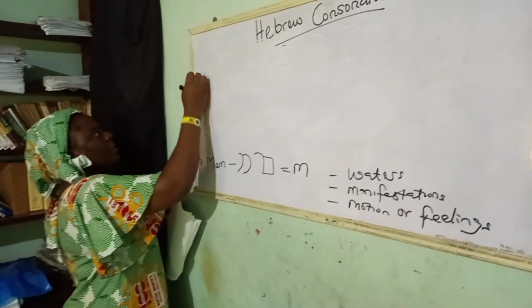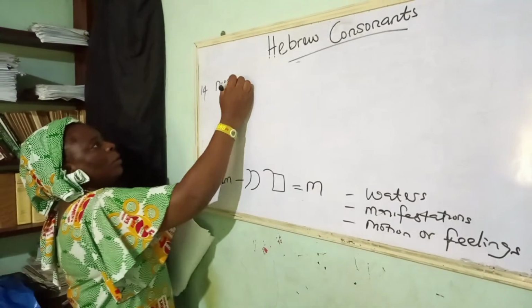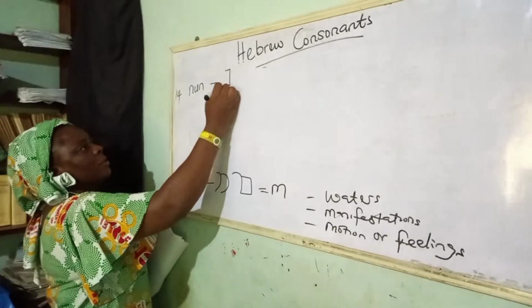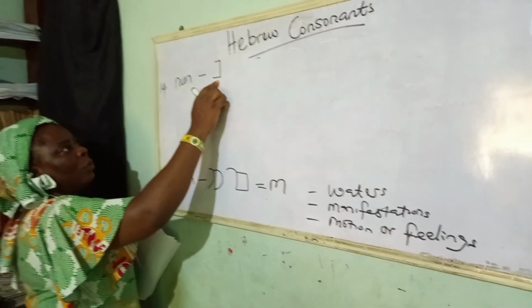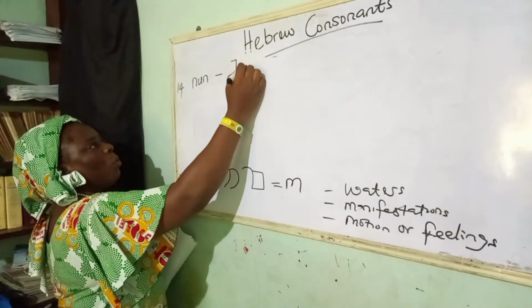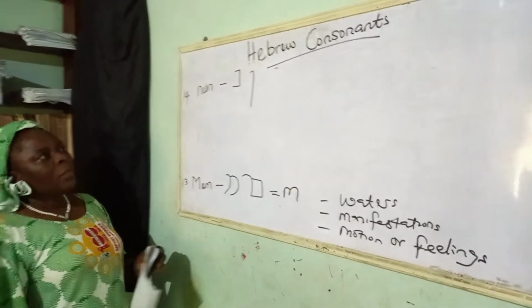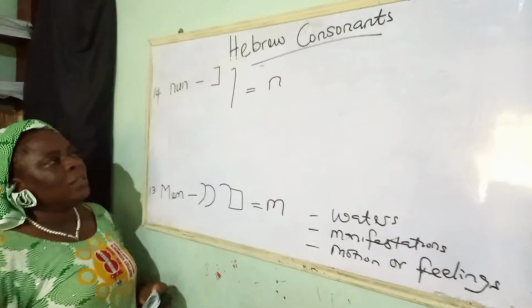The 14th is Nun. The Hebrew form of Nun is this when it begins a word or is found in the middle of a word. But when it ends a word, it's written this way. And the English equivalent is N, as in name.